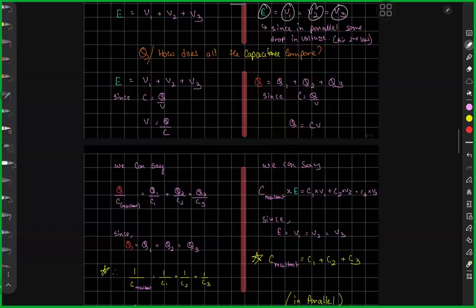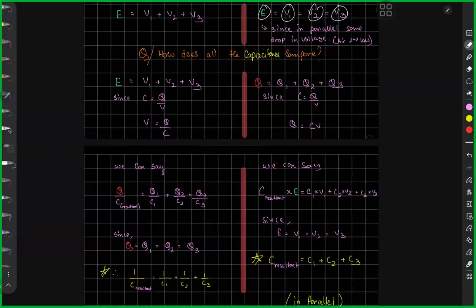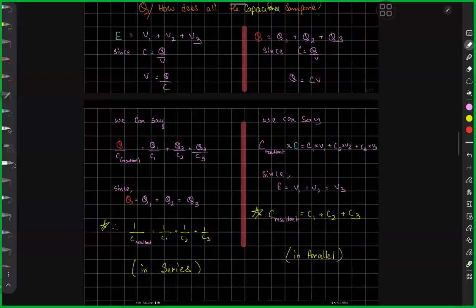So my charge over here will be Q resultant times whatever the EMF was, equal to C1, the capacitance of capacitor 1, times whatever voltage is applied, that is the same as E, plus C2, the capacitance of capacitor 2, and whatever voltage is applied across that capacitor, that is the voltage E. Same with 3.